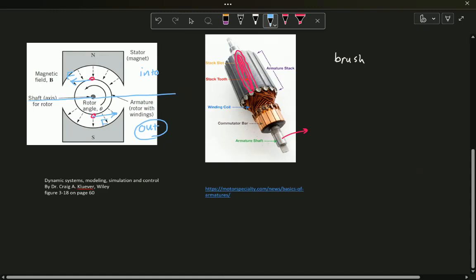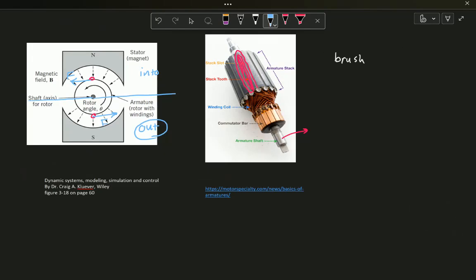So you see that the forces on the top and the bottom are going to twist this rotor. They're going to rotate it, and because of that, you're going to end up with a mechanical motion, a rotation.